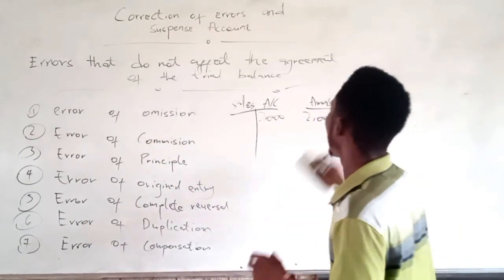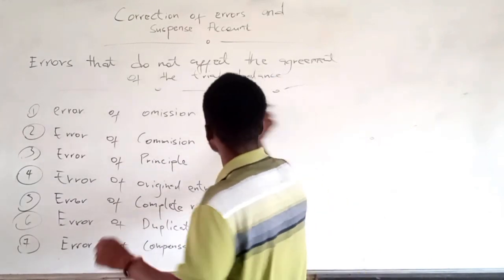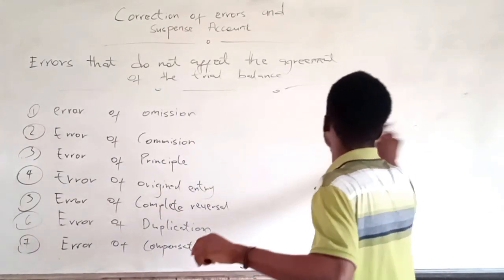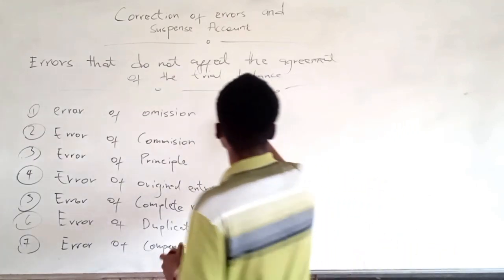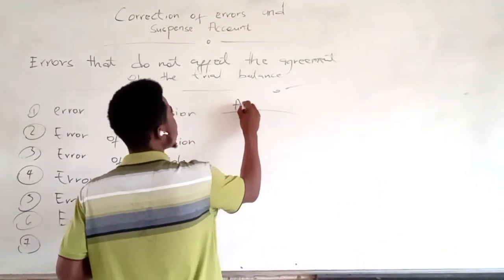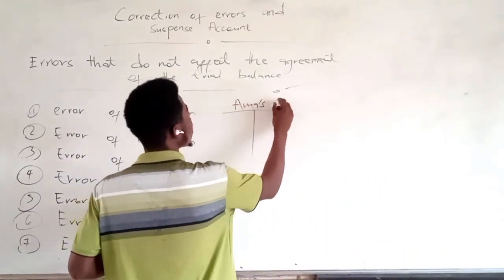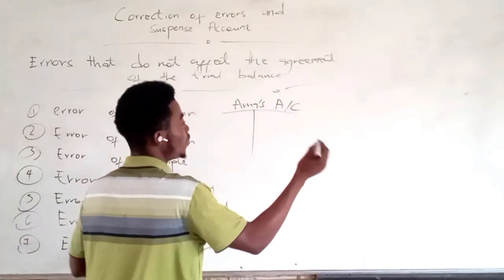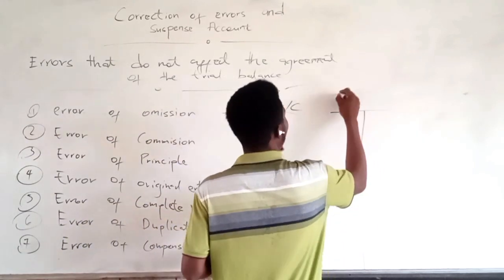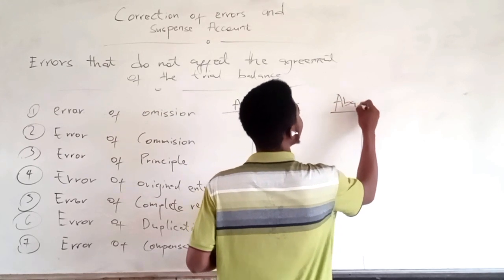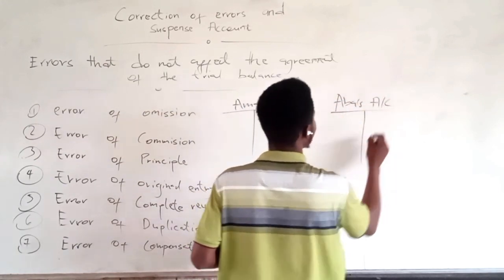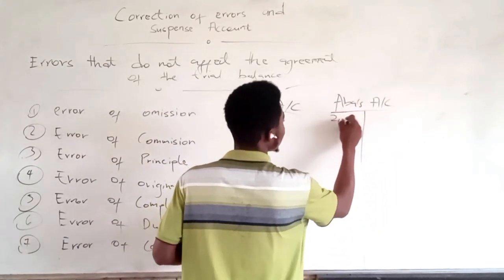Now let's go to the error of commission. Let's say you are supposed to debit Ames account, but we credited it, or we debited the wrong account, with 2,000.